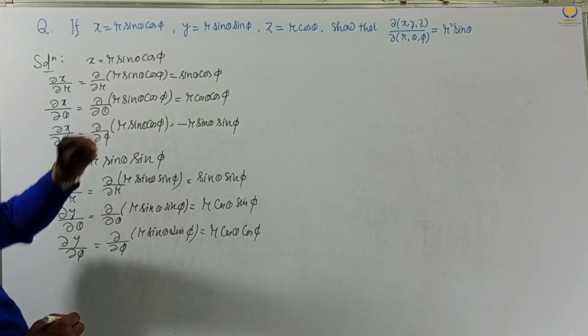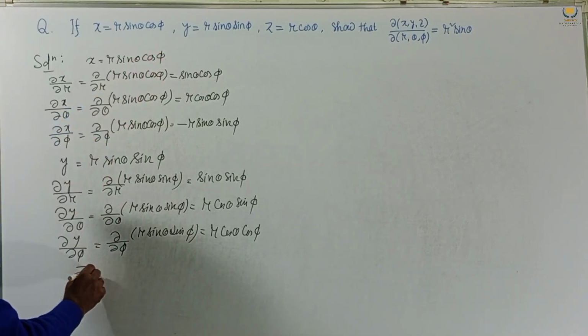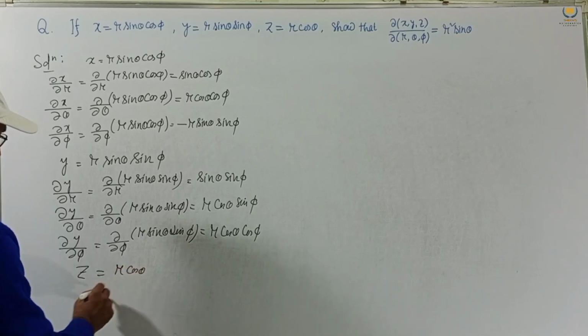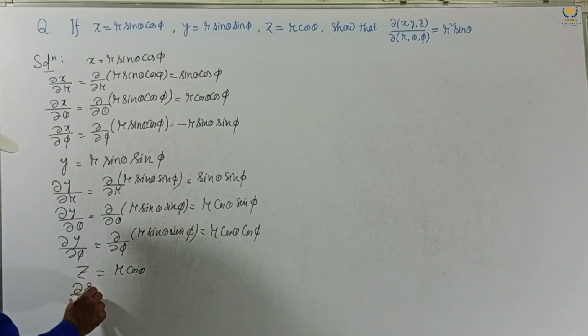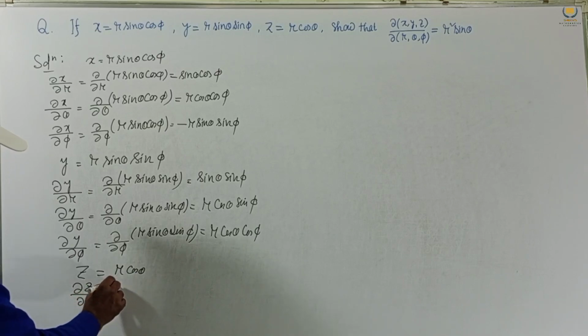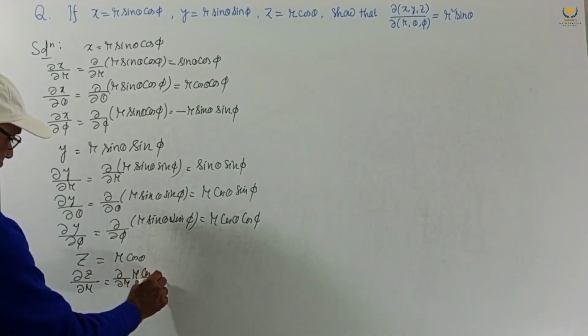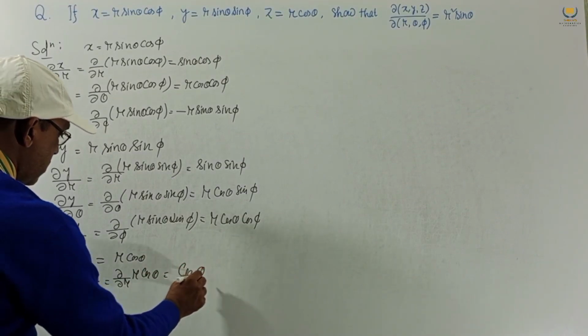Now the last one is z equals r cos theta, given. Del z by del r: del r of r cos theta is cos theta.